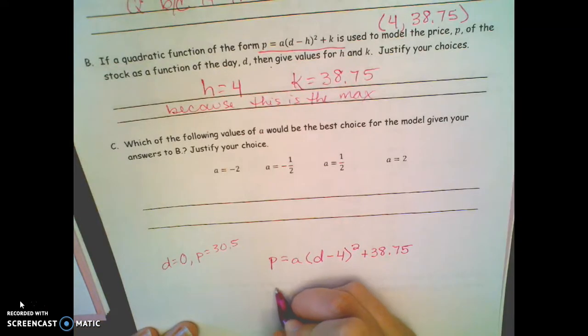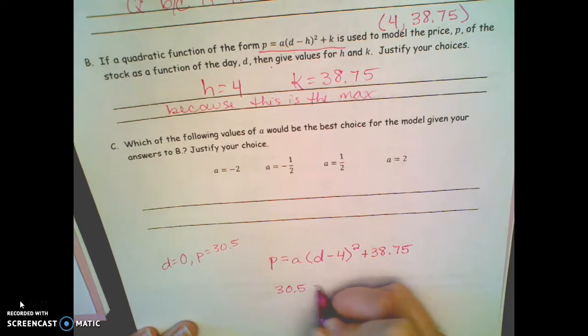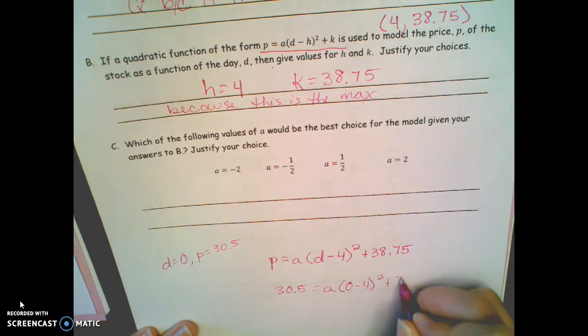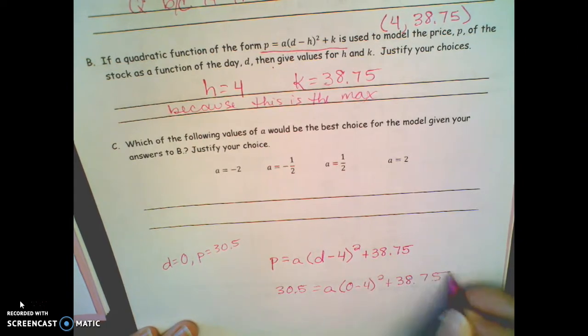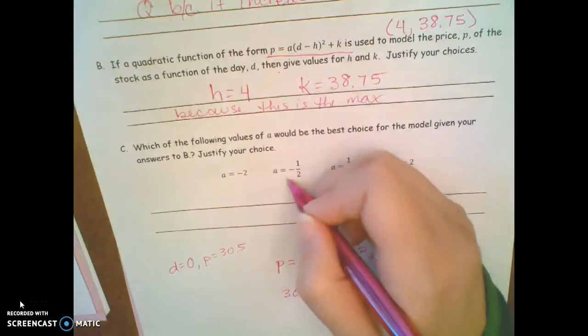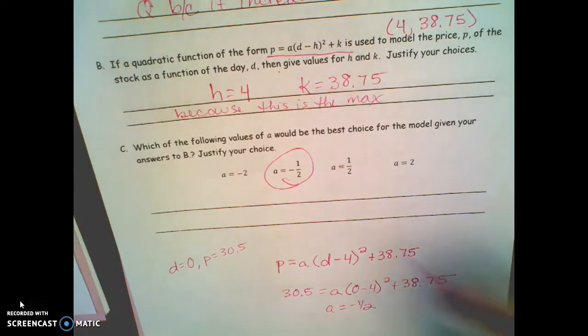And so I plugged them in and said, okay, I've got 30.5 equals A, 0 minus 4 squared plus 38.75, and solved for A. And I ended up with A equals -1/2.